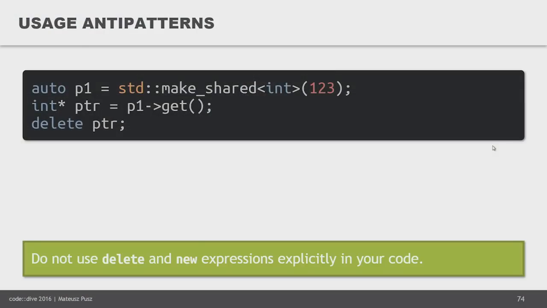Be aware of it, yes? And the best practice is just do not use delete and new expressions at all in your code. We are writing modern C++ from C++11 and 14 when make_unique joined the team here. We don't have to write new and delete nearly anywhere in our code.